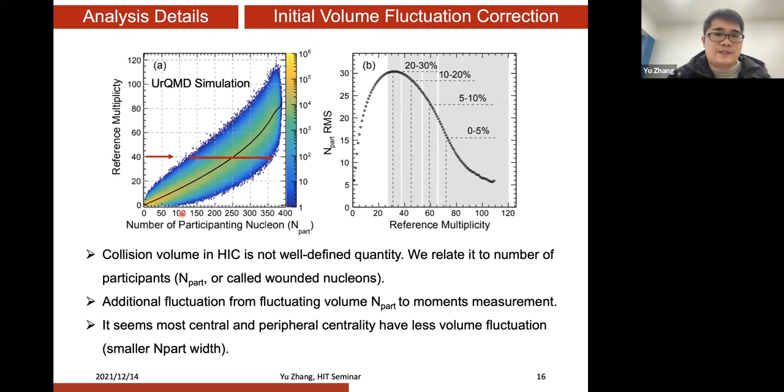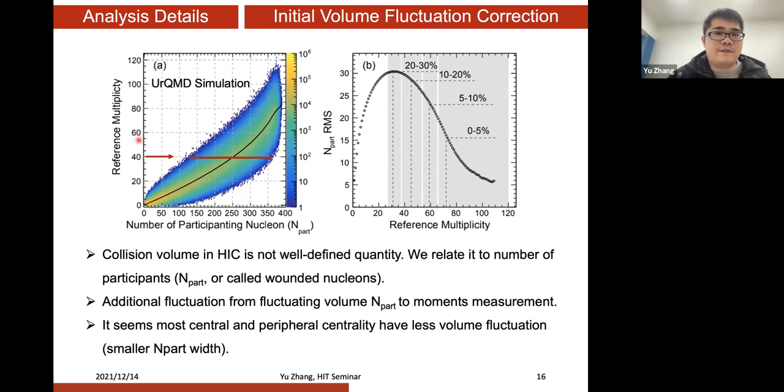The collision volume is not a well-defined quantity. So here we relate it to the number of participants, or we call it wounded nucleons, within the wounded nucleon model. We use a UrQMD simulation. The top left plot is the simulation, the reference multiplicity versus the number of participating nucleons.